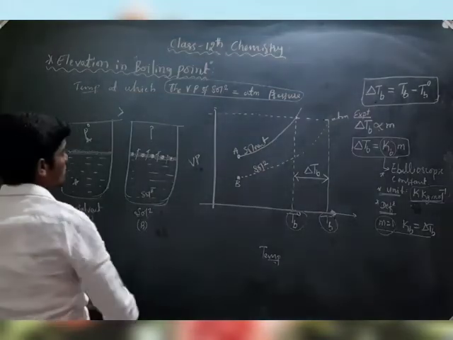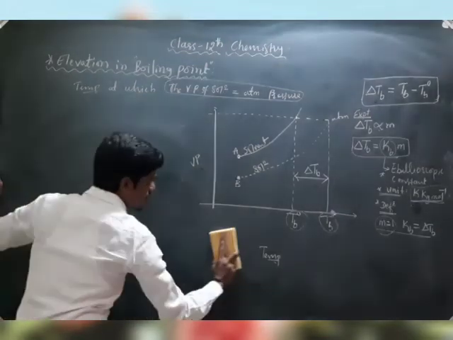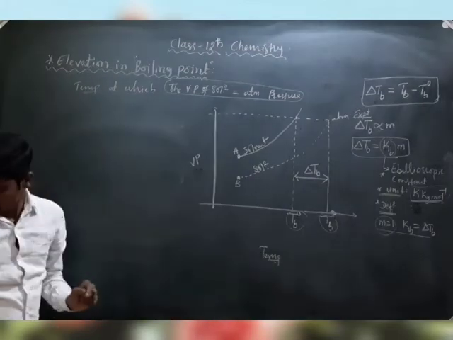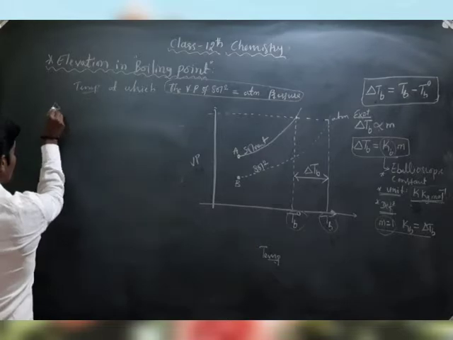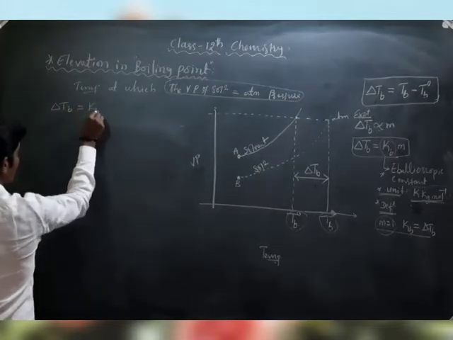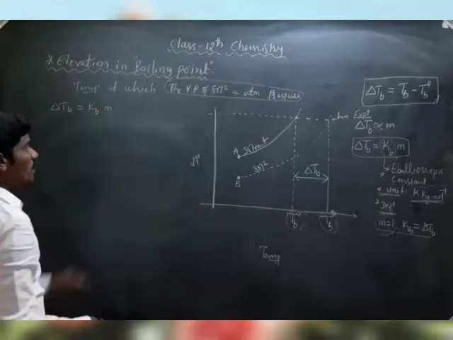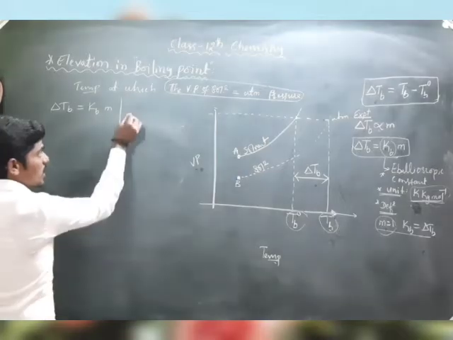So let us determine the molar mass of solute from colligative property. As we know, delta TB is equal to KB into m, where m is molality. What is the formula of molality?